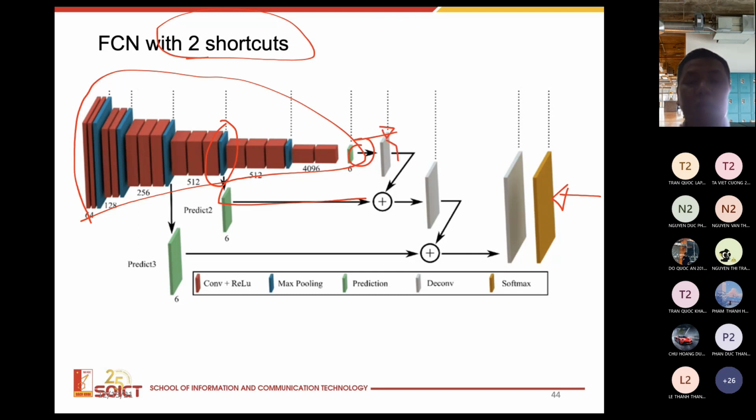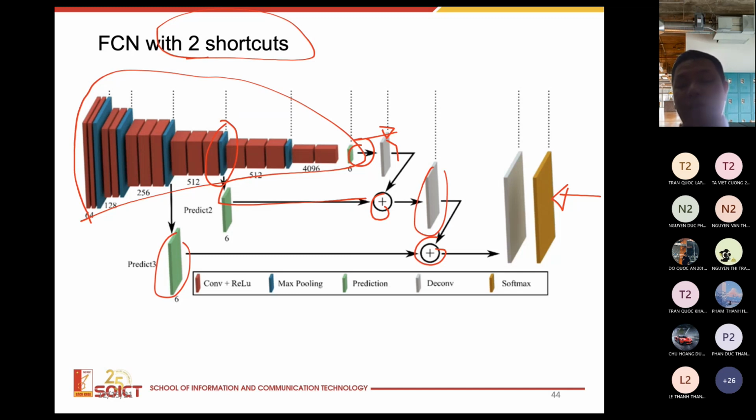You upsample and combine, and then you upsample again and combine with the activation map in another intermediate position, and then you have the final activation map.